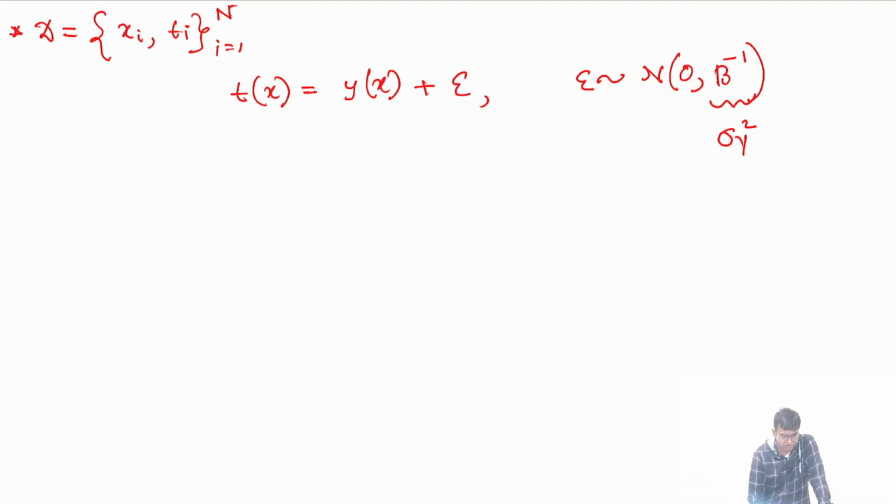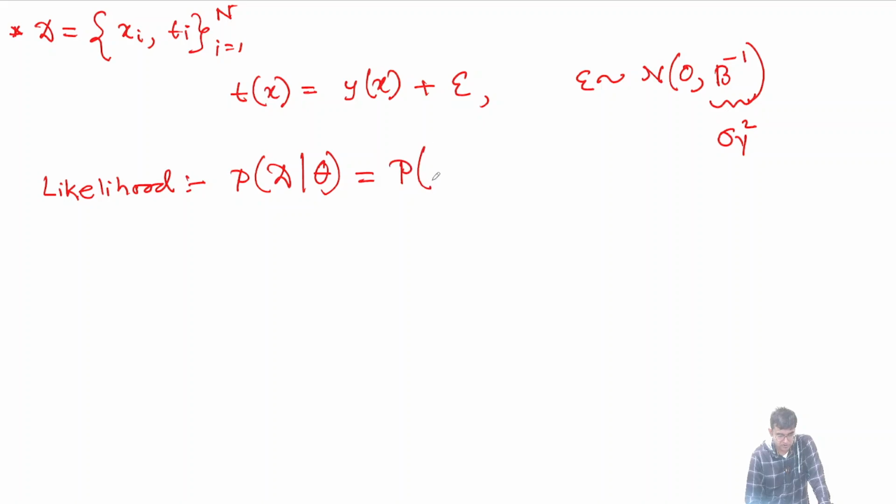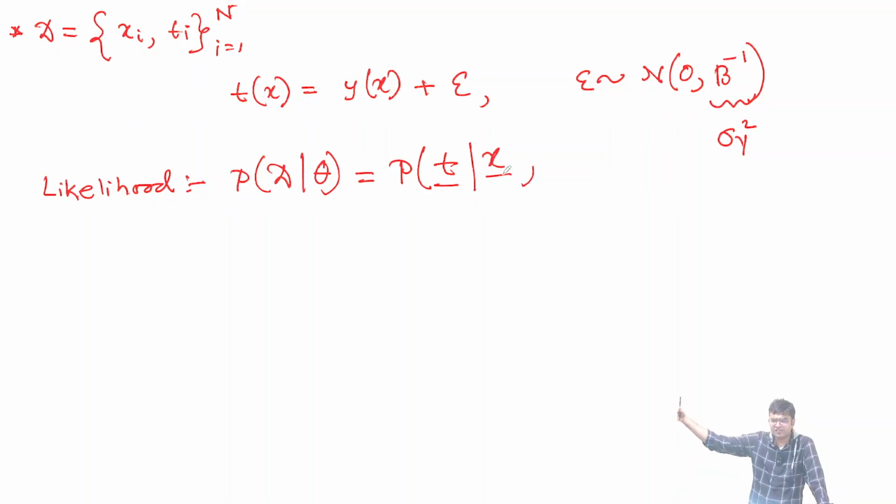And the likelihood for this model is equal to, can you remind me what the likelihood was from last lecture? It is d given theta in the generic sense. In our case, it is the probability of t given x and all the parameters that are unknown. I am not going to write those parameters.